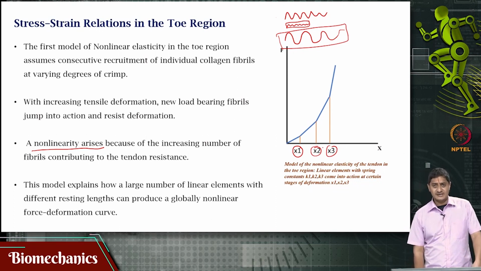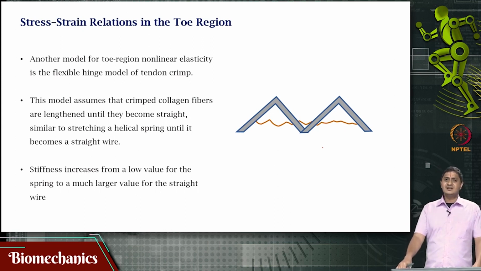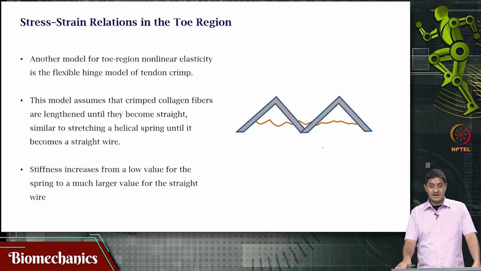toe region nonlinear elasticity. Another model to explain toe region nonlinear elasticity is the flexible hinge model of tendon crimp. This is like you have crimped collagen fibers that become lengthened until they become straight. This is like having a helical spring until it becomes a straight wire. Well, obviously the stiffness of the helical spring increases from a low value initially to a much larger value for the whole wire, right.